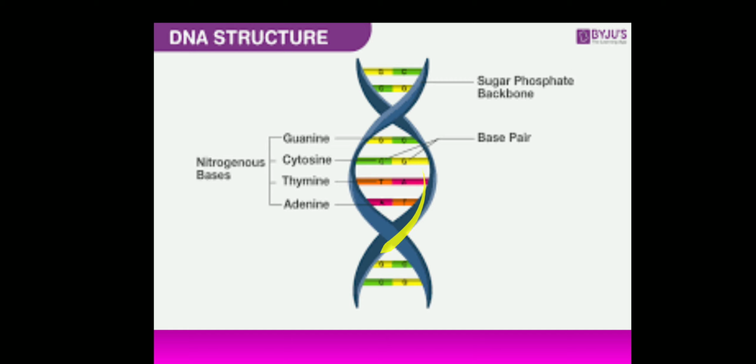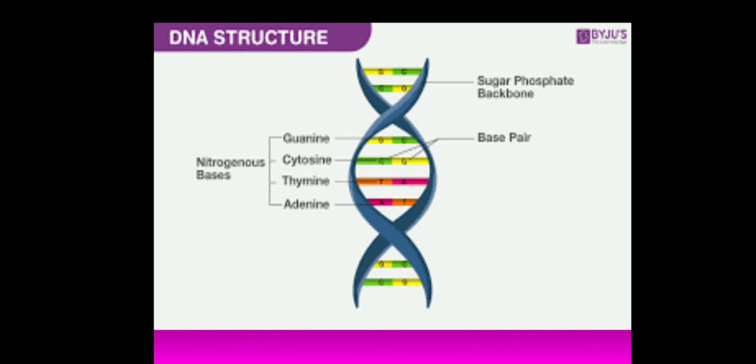These two strands coil around each other and form the helical structure, and on the basis of this helical pattern, whether right-handed or left-handed, there are three different types of DNA, that is A-DNA, Z-DNA, B-DNA. So it is a double helix like structure, a double stranded structure.